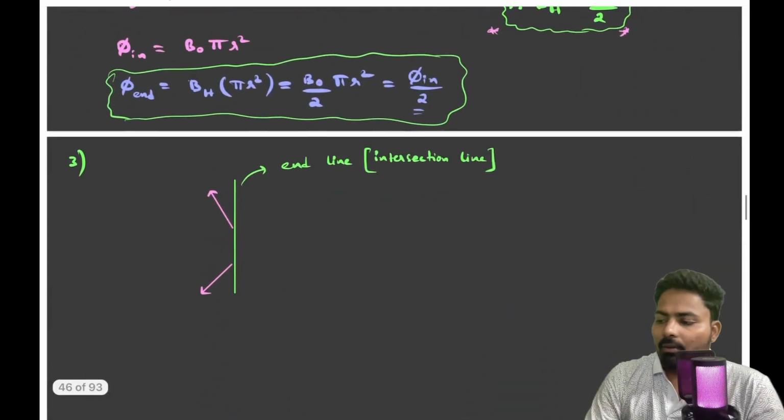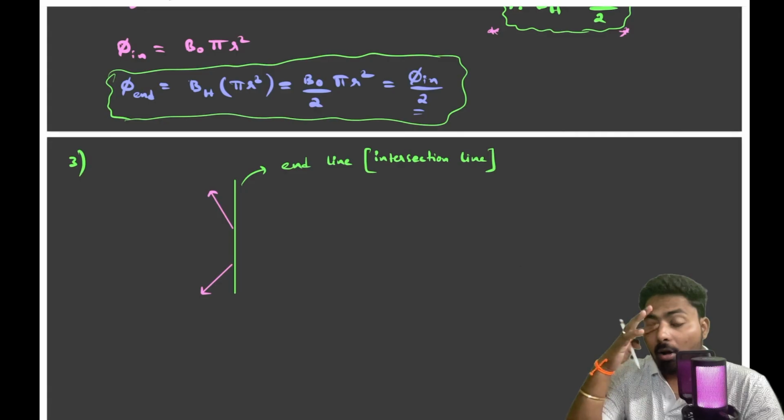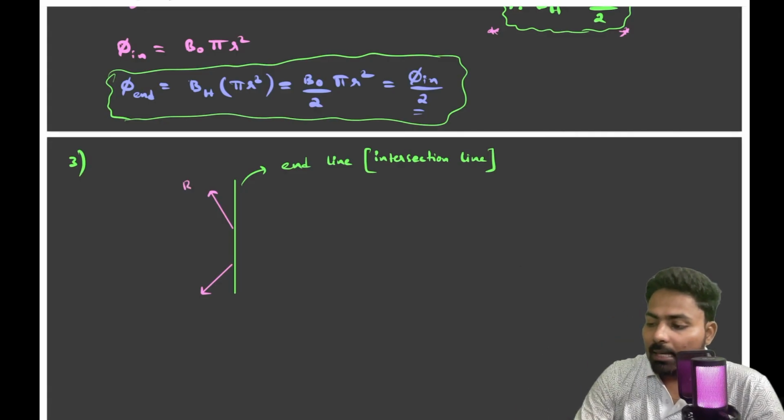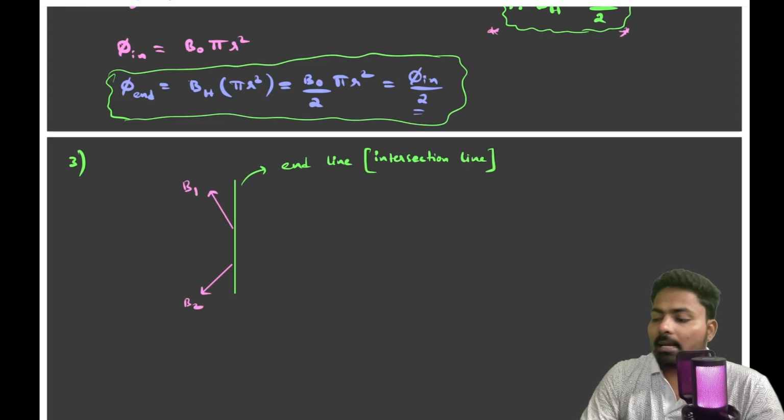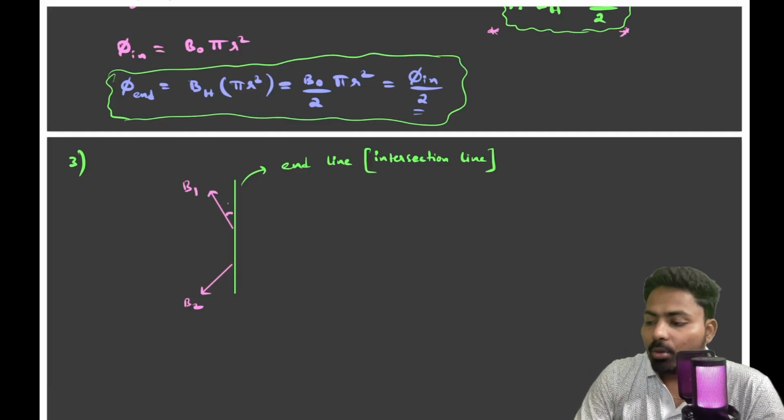So if you consider that the field lines are not perpendicular, if it is in this manner, let's say this is b1, let's say this is b2. Basically both the field lines are outside. But one very important thing that we know, due to symmetry, let's say this angle, again I am not taking alpha, let me take it as gamma.